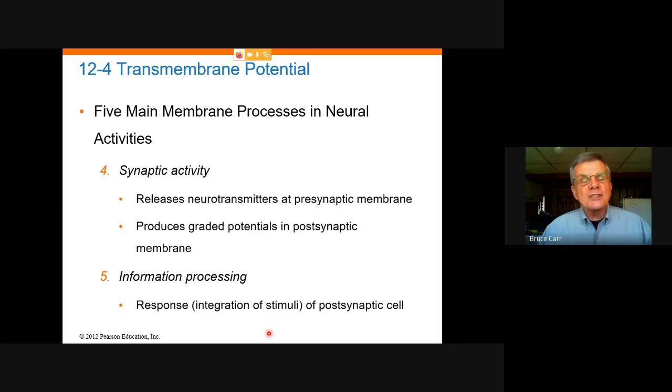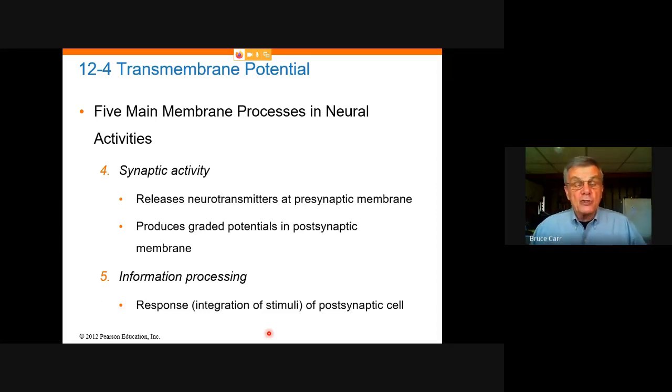And that can be as simple as, have we delivered enough stimulation that the next nerve fires after neurotransmitter enters the synapse? Or it can be as complex as our ongoing sensing of our environment, decisions about what to do next, recall of our memories, expression of our personality, all those higher order functions.